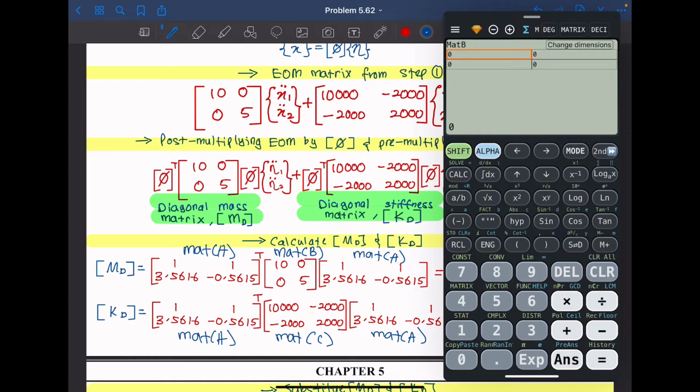So make sure it is the same dimension inside your calculator. Matrix B is our mass matrix, which is 10, 0, 0, and also 5.